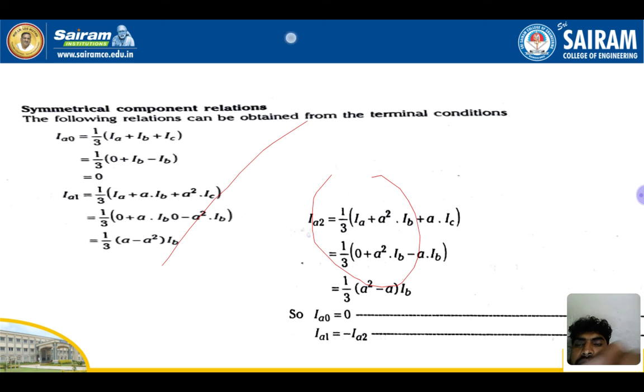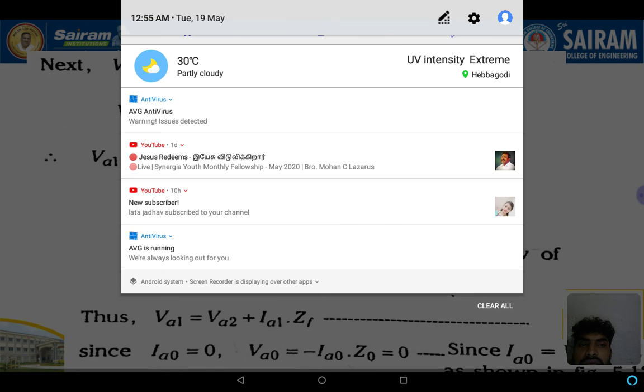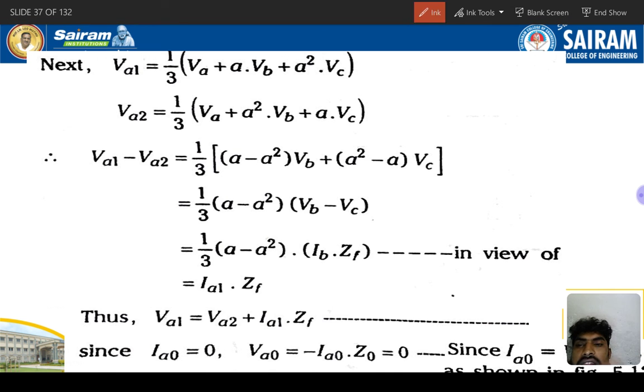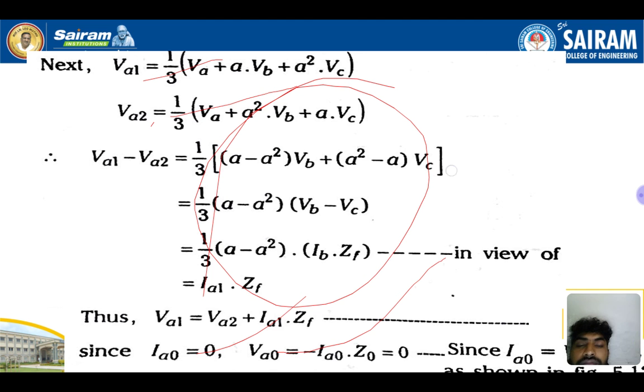This one is the positive sequence, this one is the negative sequence, and this one is the zero sequence current, and then this one is the zero sequence voltage, right? This is the complete set of equations for the double line fault with impedance.